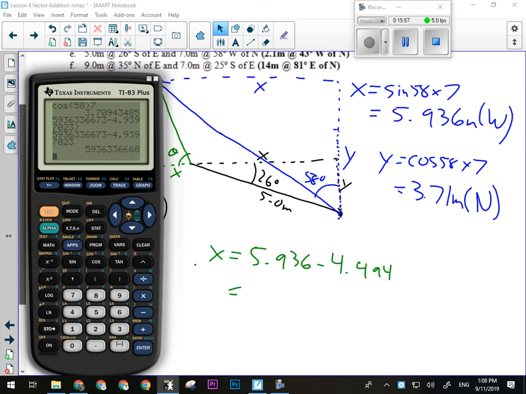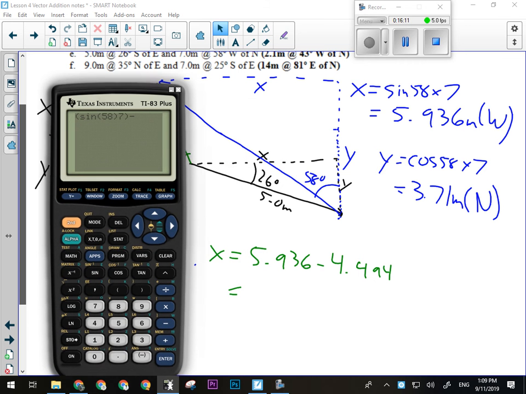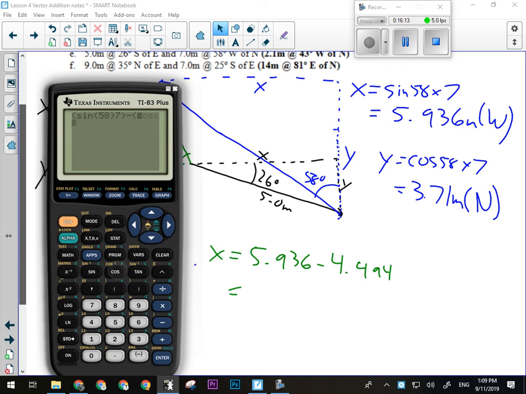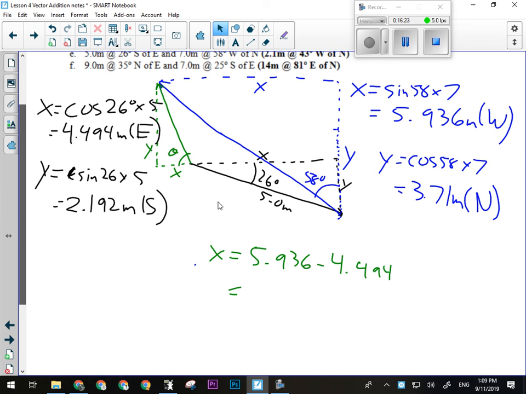Oh man, I just totally messed that all up. I can just start over again. So we'll have in brackets the sine of 58 times 7 minus the sine of 26 times 5. Okay, so my resultant for the x is 1.442 meters.